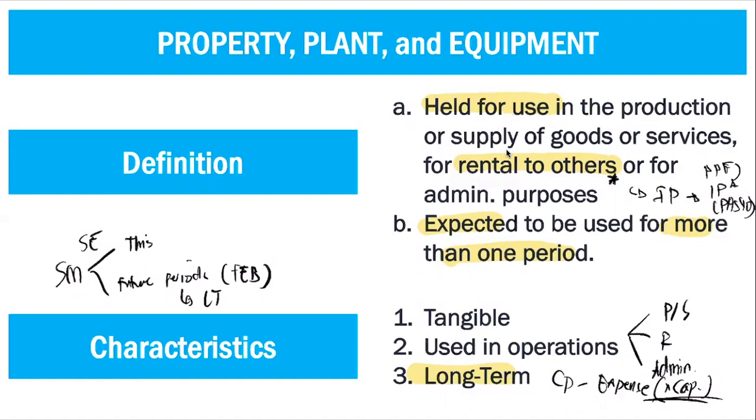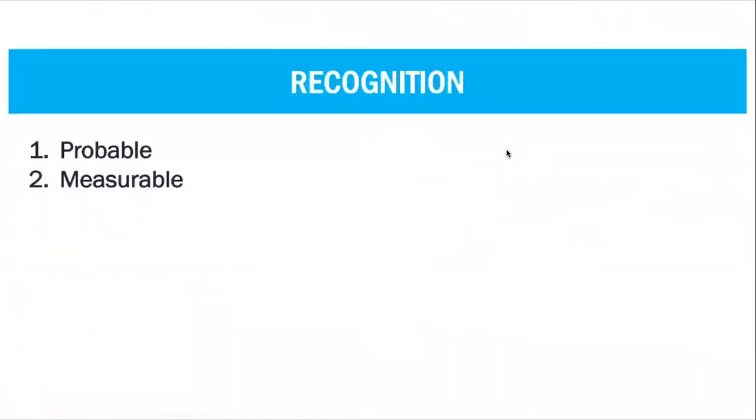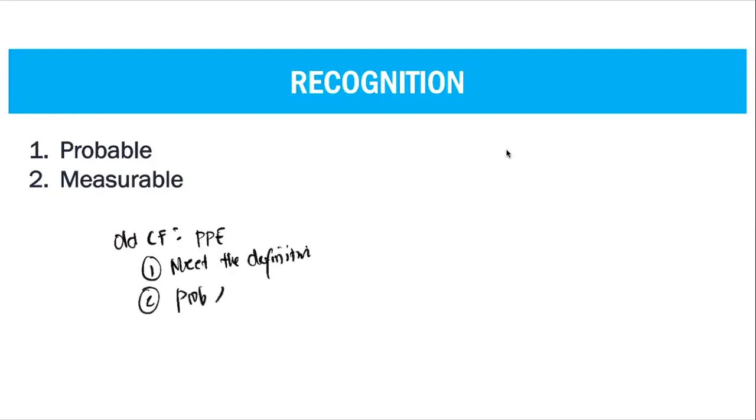So these characteristics are based on the definition. Why? Because again, this definition is important in the recognition of property, plant, and equipment. I always tell you, before our old conceptual framework tells us that to recognize a property, plant, and equipment, it should first meet the definition, and then it is probable and measurable.